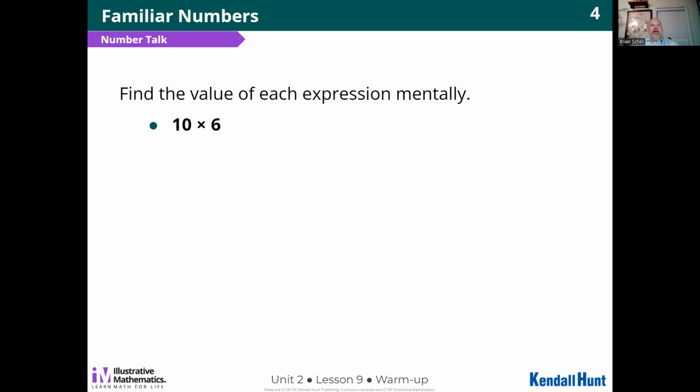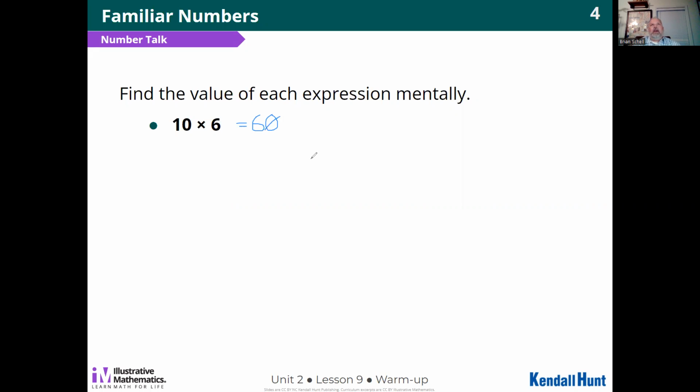10 times 6. We have this every day on our multiplication quiz, so I know that you know this. We all know that 10 times 6 equals 60. Correct?